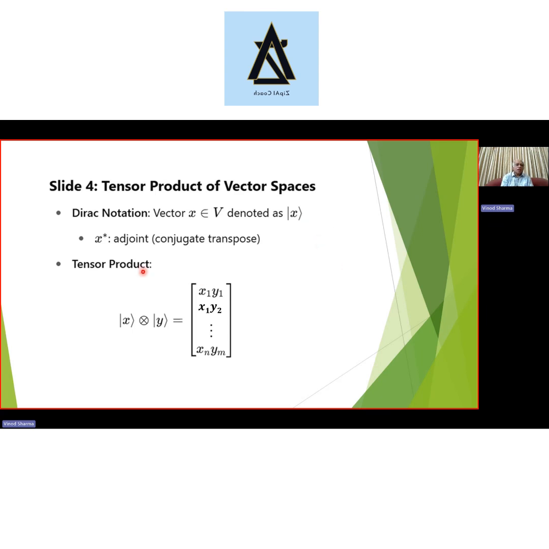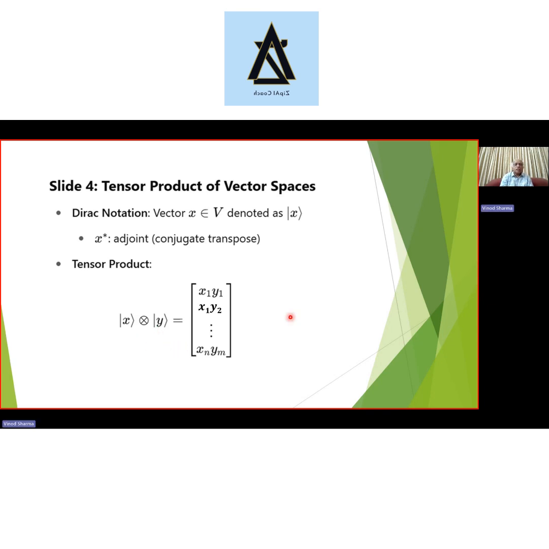Tensor product of two vectors: X can be in vector space V and Y can be in vector space W. The tensor product of them is given by this vector, where the elements of X are denoted by X1 to Xn, and the elements of Y are denoted by Y1 to Ym.